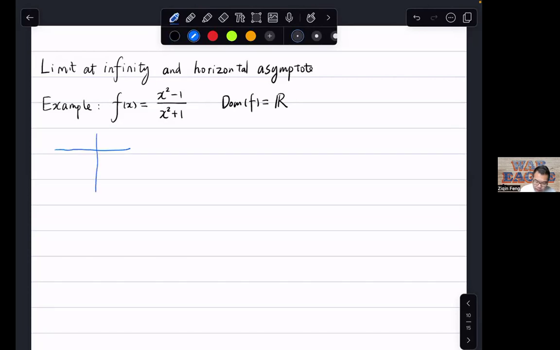So starting from x here and f of x. Starting from 1, you can calculate the function value at 1, which will be 0. Plug in 10, you get 0.980198.